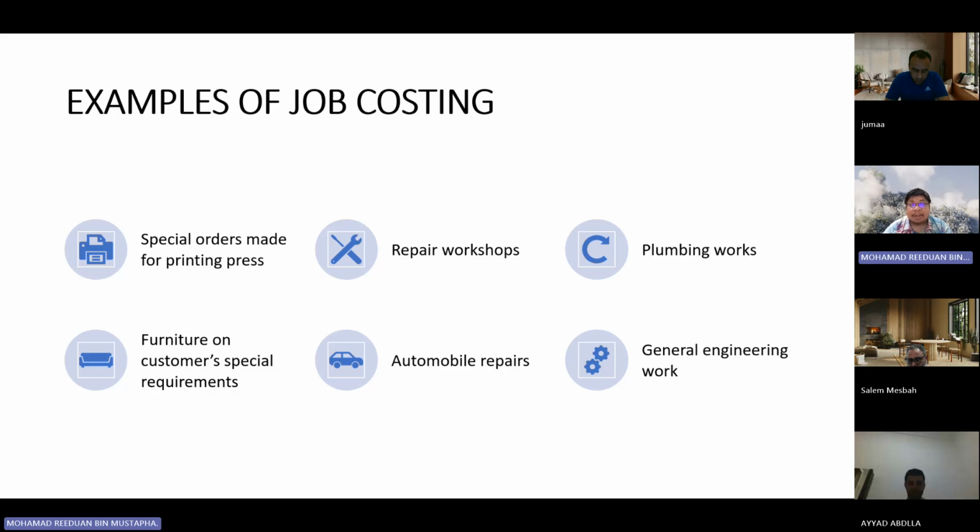Let's imagine a situation where a customer wants 500 custom wedding invitations.